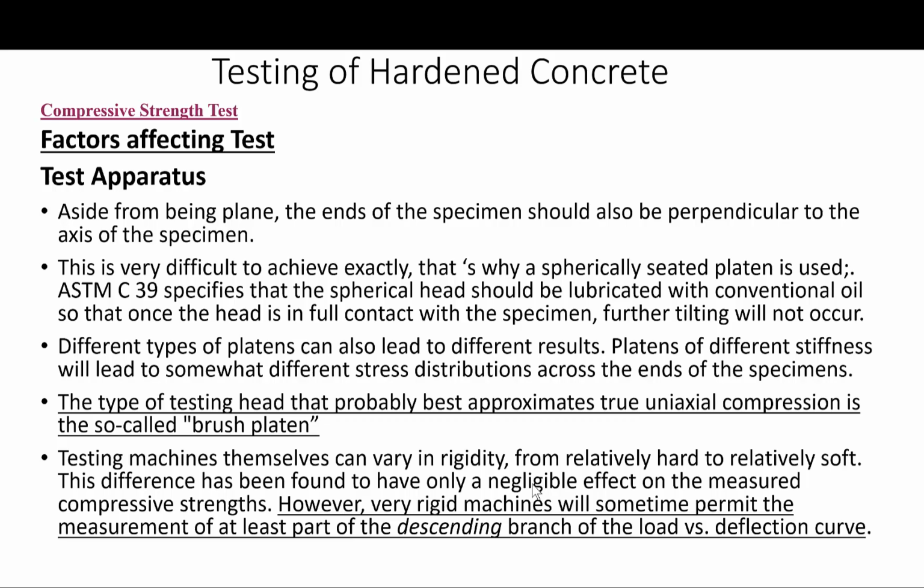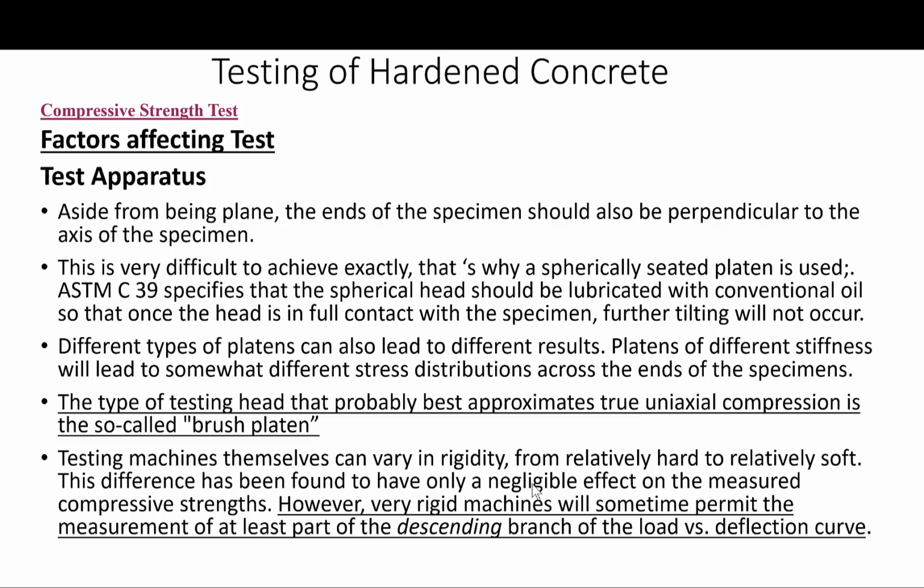Platens of different stiffnesses will lead to somewhat different stress distributions across the ends of the specimen. That's something also to bear in mind. Again, these factors probably will not affect you at all, as long as when you compare test results, you are comparing them on a consistent basis.